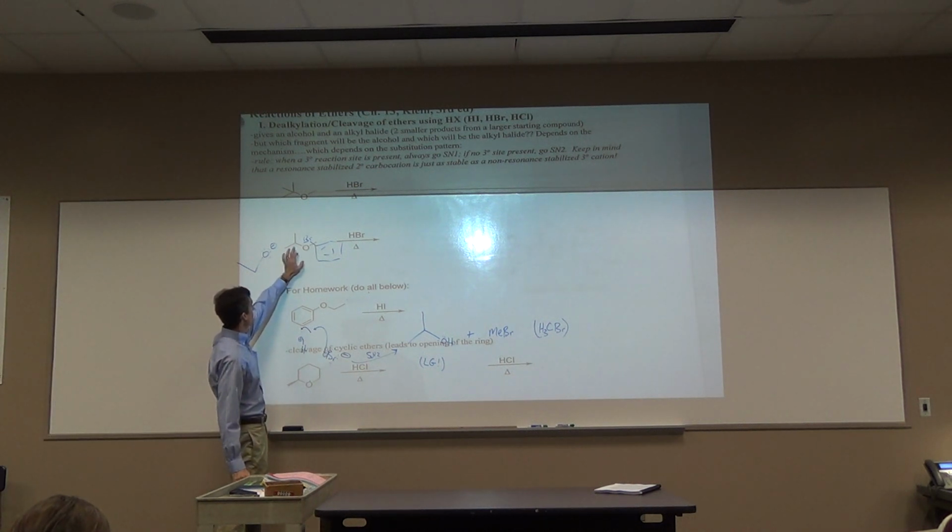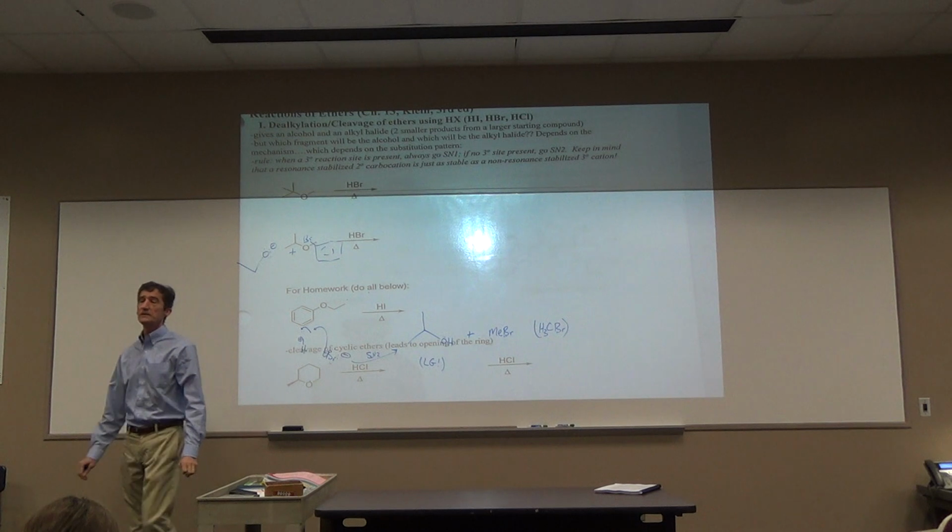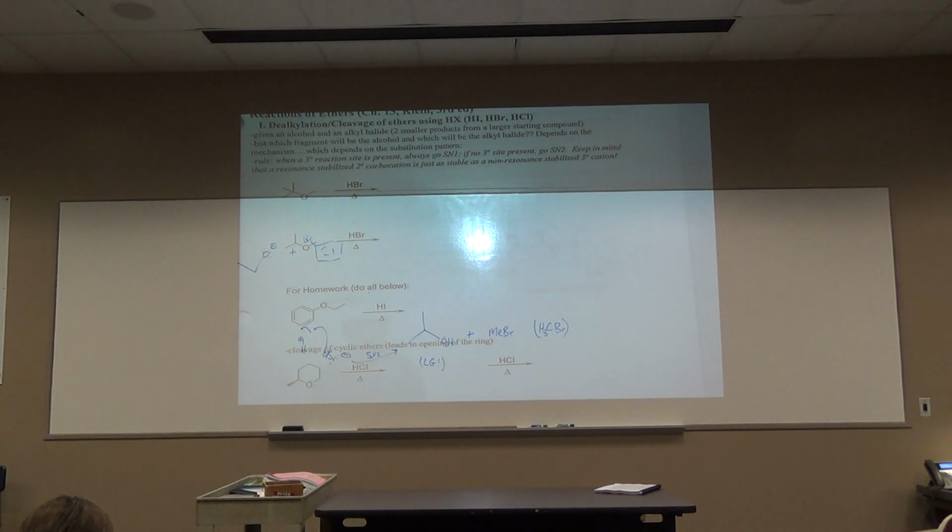Why did it not attack over here? Well, we did SN2, and SN2 is largely governed by sterics, right? Steric hindrance. Heard of this yet? So which site would it be more likely to attack, the least sterically hindered site or the more sterically hindered site? That's why we predicted that to be the major product: attack the least.